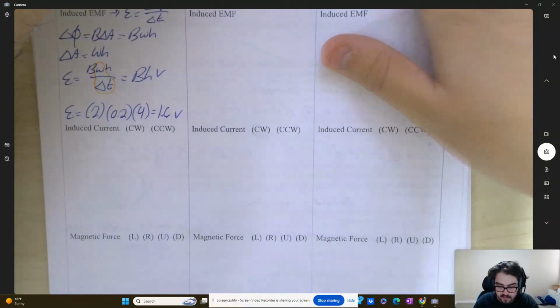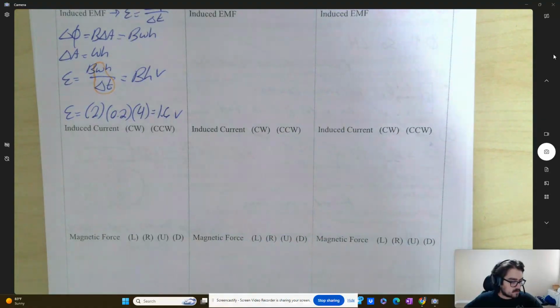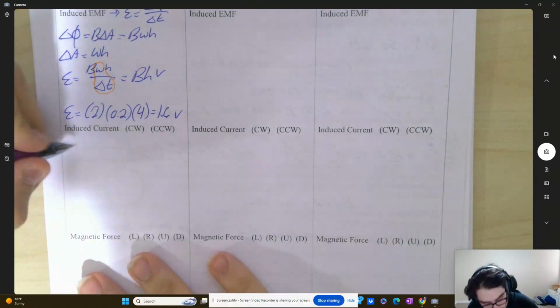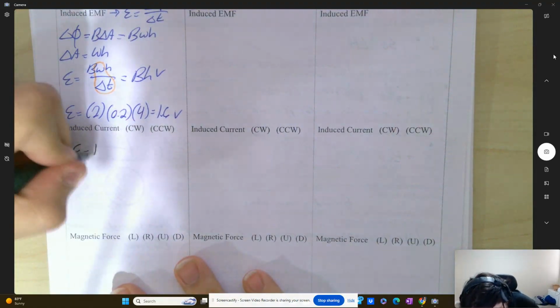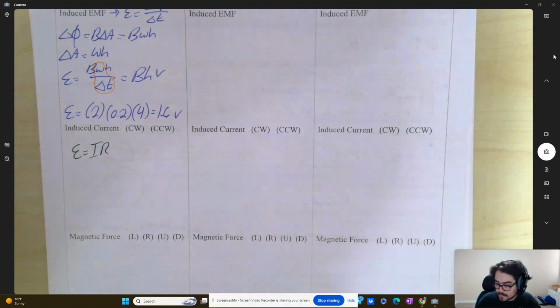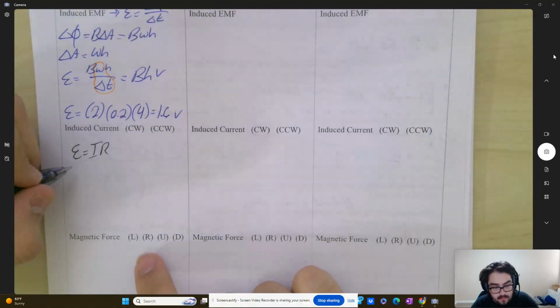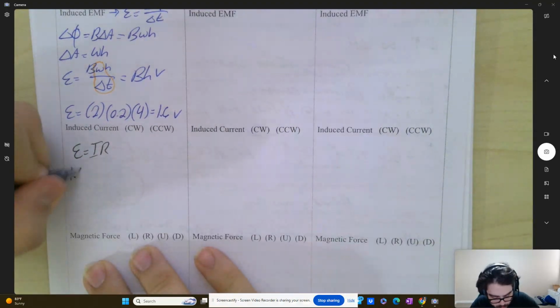Induced current. Well, you know that epsilon equals IR. So what we're going to do is take our epsilon value, 1.6.